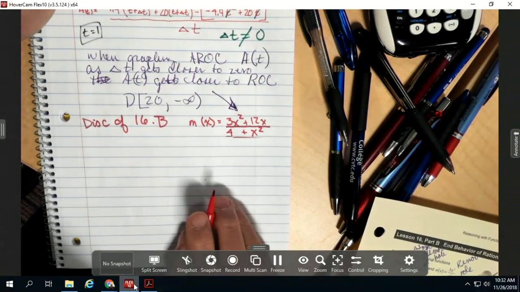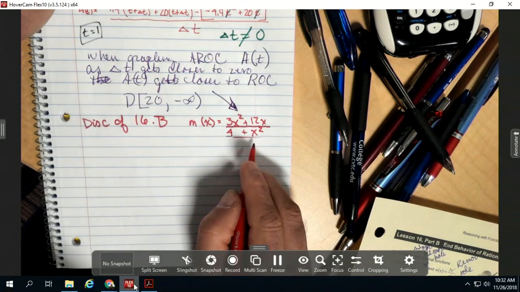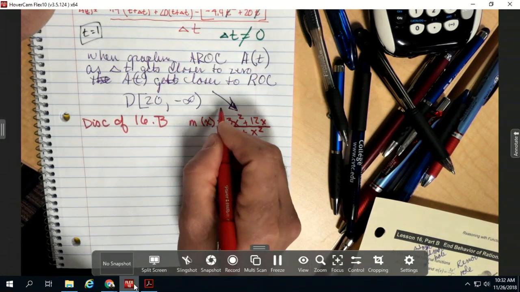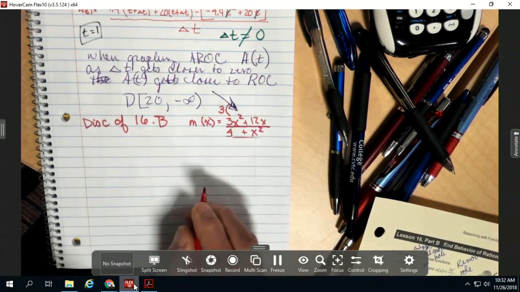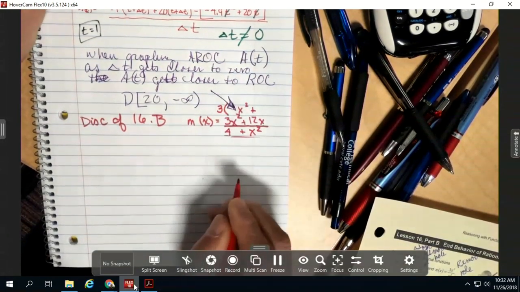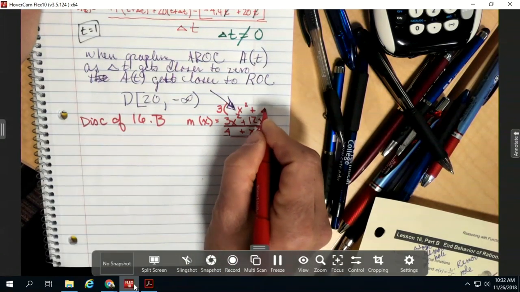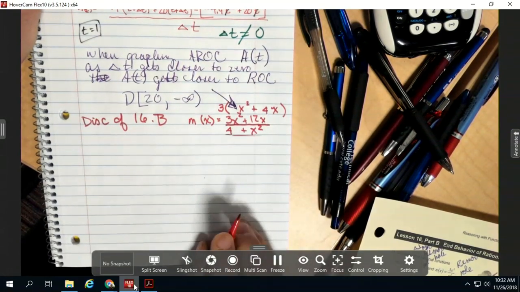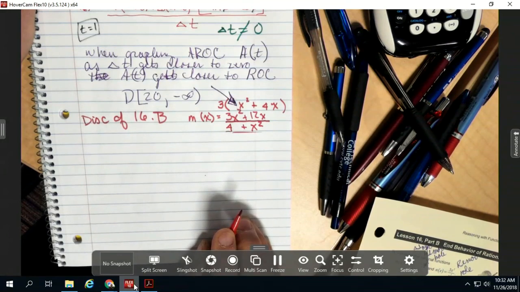Can we factor the numerator so that we have 4 plus x squared as one of the factors? Well, if we took a 3 out of this, what would we have left? x squared plus 4x, correct?